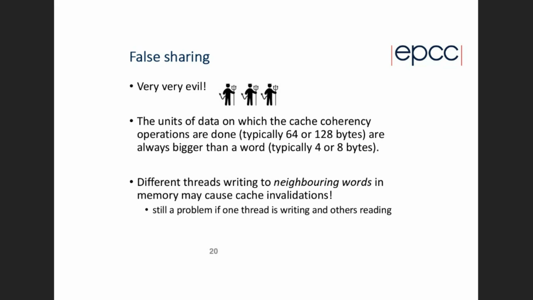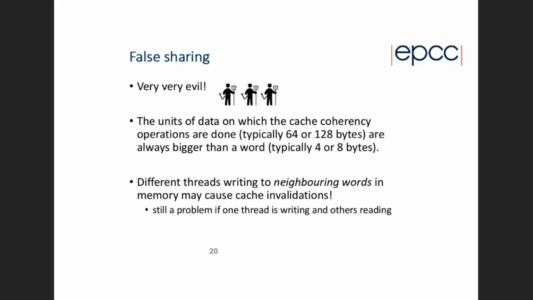The units of data on which those operations happen are cache blocks or cache lines. Those are typically of the order of 64 or 128 bytes long, but the important thing is that they're always bigger than a word.